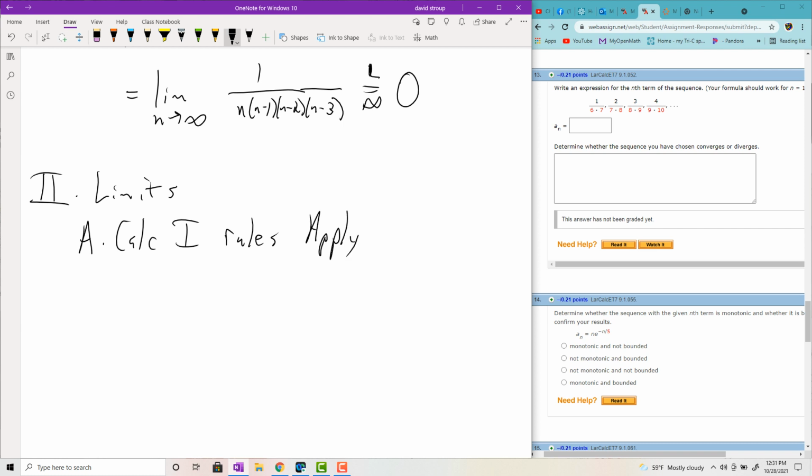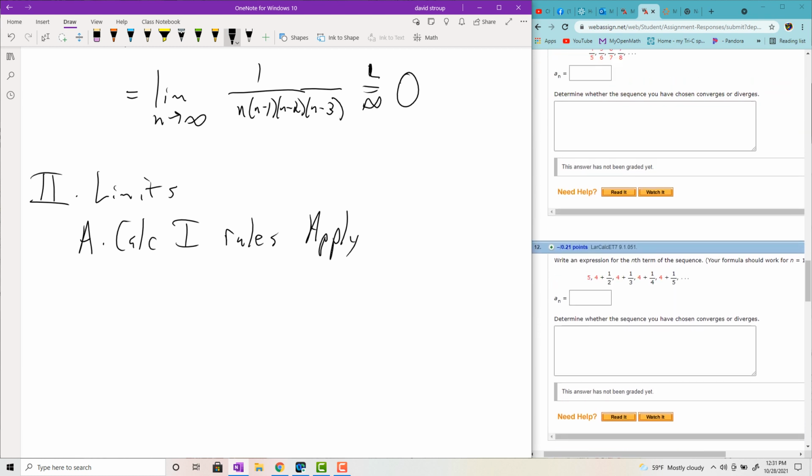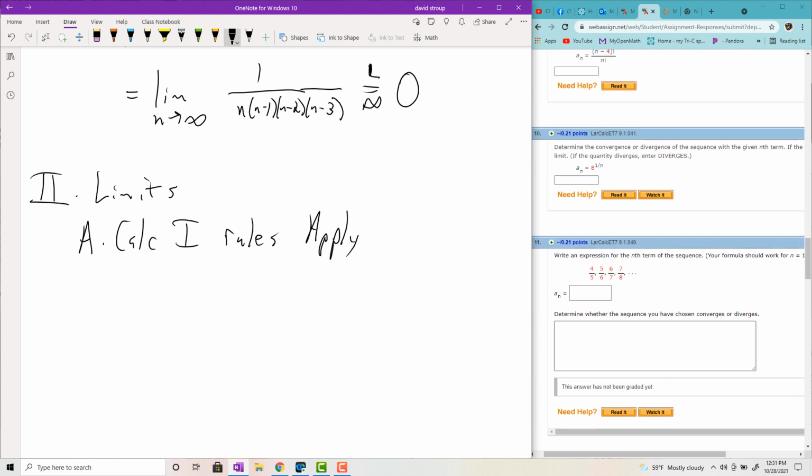So let's see if they give us one here. Yeah, so number 10 in the homework, a sub n equals 8 to the 1 over n. We want the limit of that thing as n goes to infinity.